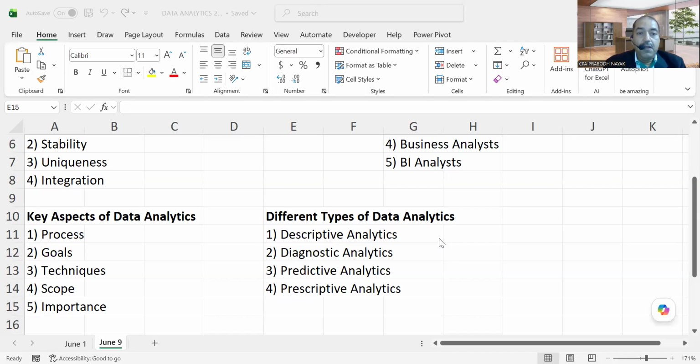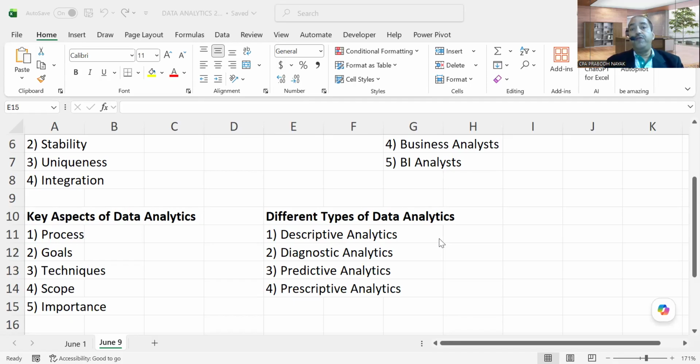Okay. Third is predictive analytics. Predictive analytics helps answer the question. Prediction, predictive, prediction. फ्यूचर में क्या होगा, prediction.